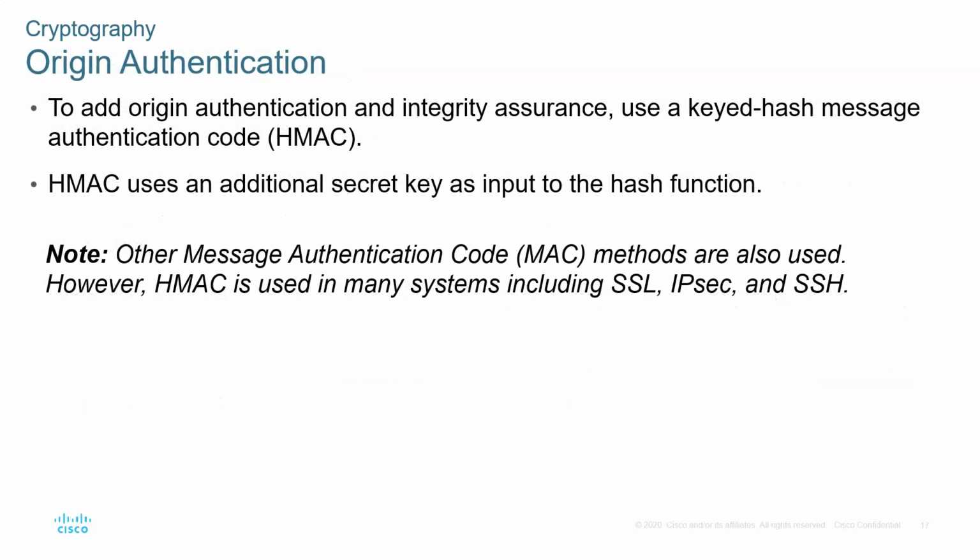All right. So let's take a look at the origin authentication. So if somebody sends me a message and they hash it, somebody may be able to take that message and decrypt the hash. So what we do is we can use the HMAC. That means we're going to add a key, encrypt the hash that comes out with a key.